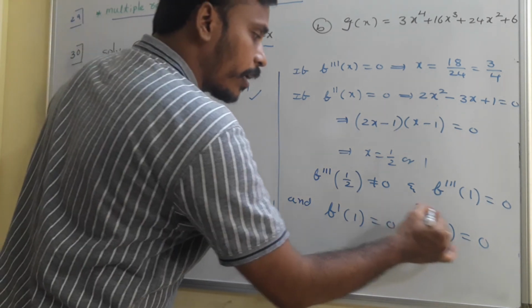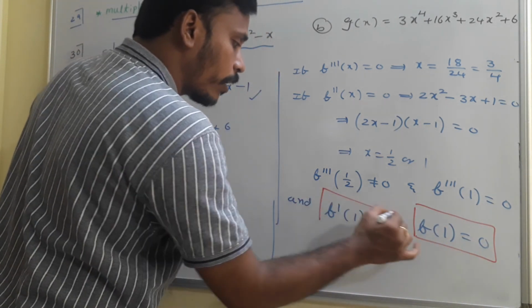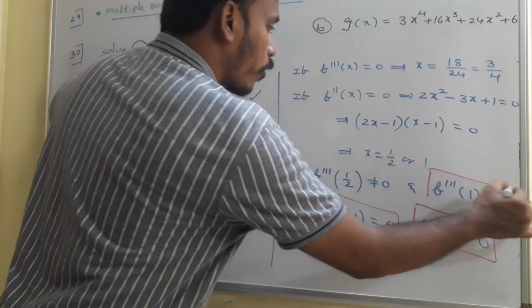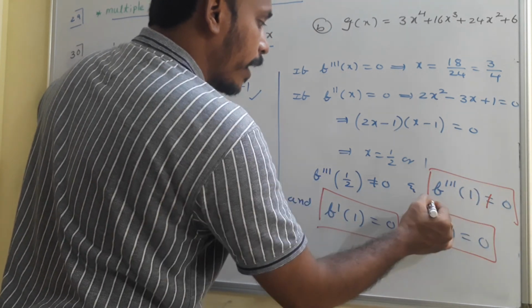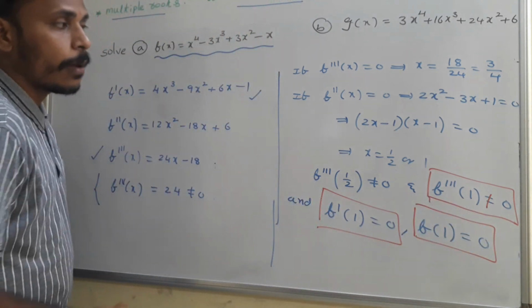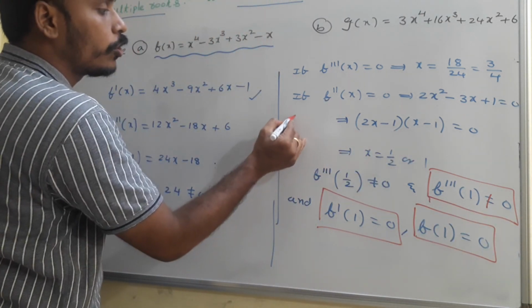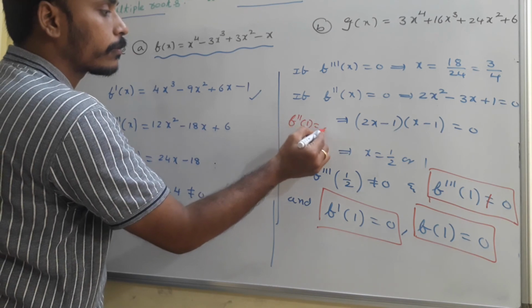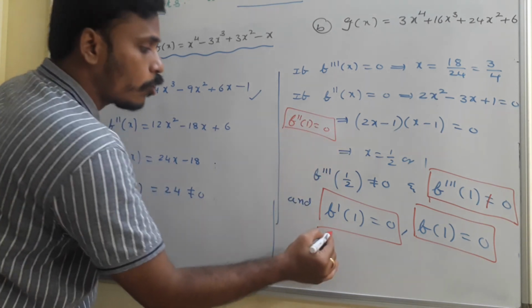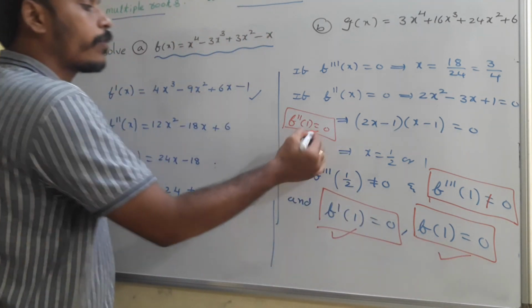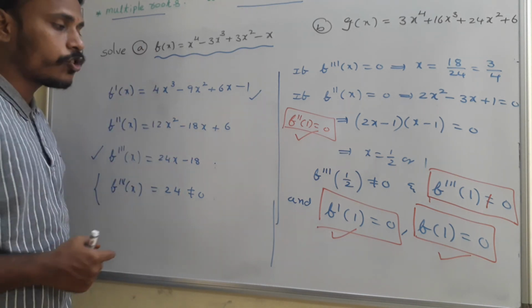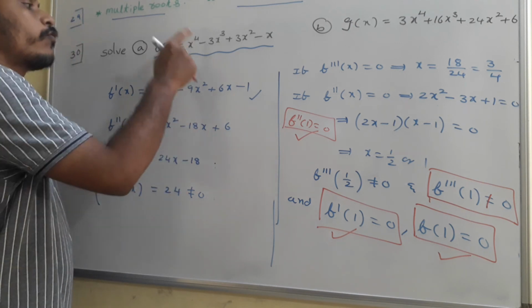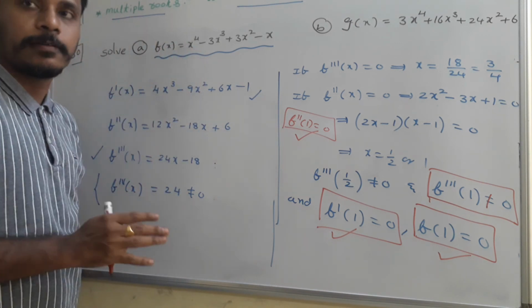So f of 1 is 0, f dash of 1 is 0, f double dash of 1 is 0, right? But f triple dash of 1, see, is non-zero, right? So f of 1, f dash of 1, f double dash of 1, for 3 times at 1, the values are correspondingly 0. So 1 is a root of this having multiplicity 3.